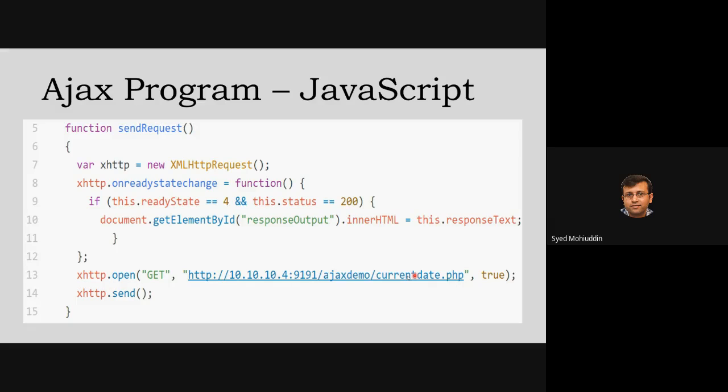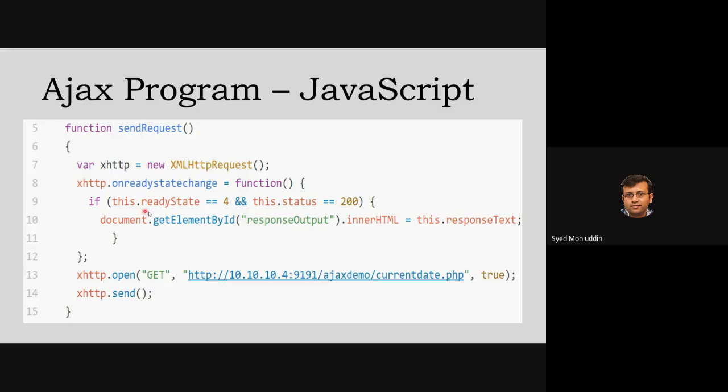The request is sent to this resource on the server, and once the request is sent, the server will take some time to process the request and send some data back. Now what happens is, onreadystatechange means the state changes. Once the state changes to response, that is, receiving the response, then the waiting for this code will be over and this code will start executing.